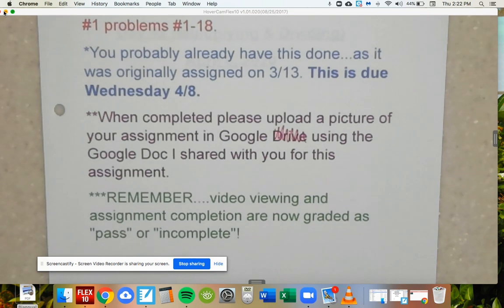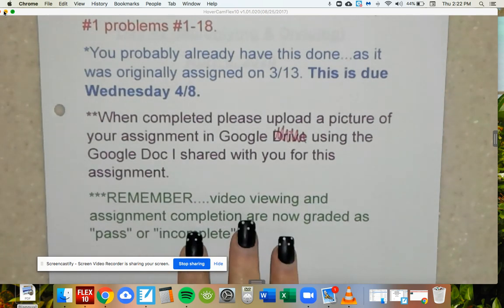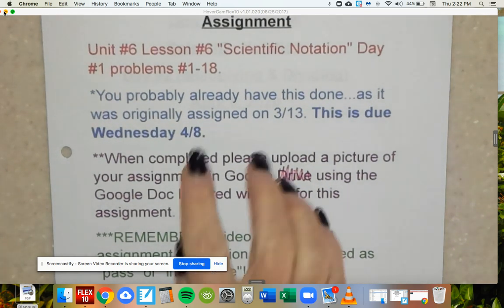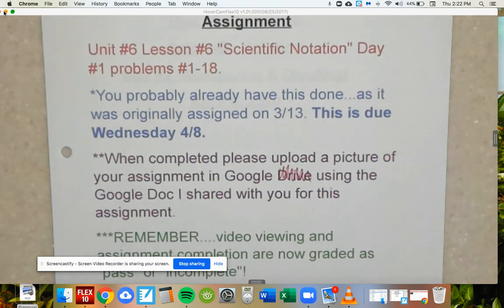All right? Now, are we always going to have this many problems? No, we're not. I only left it as 1 through 18 because it was previously assigned as 1 through 18. What we're going to do moving forward is we're going to go much slower. We are certainly not going to be able to hit all of the normal content that we would have covered if we were sitting in our classroom together every day. But again, it's the new normal.